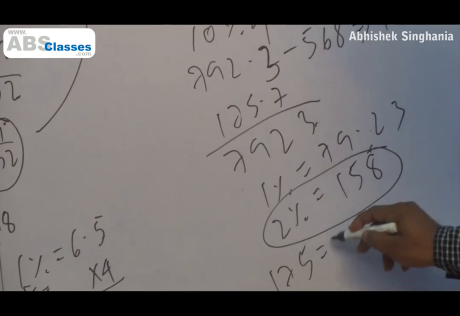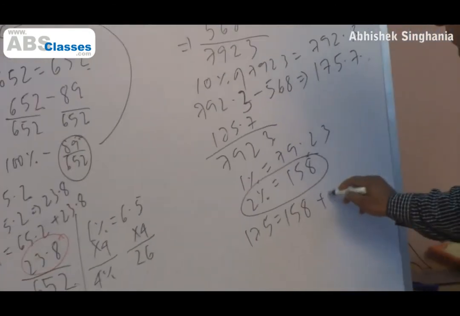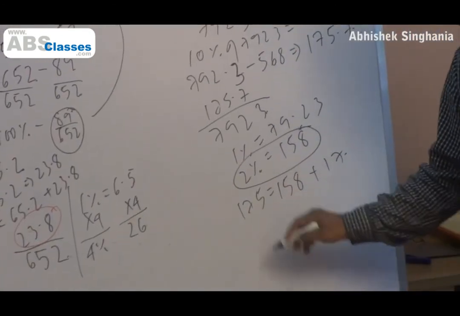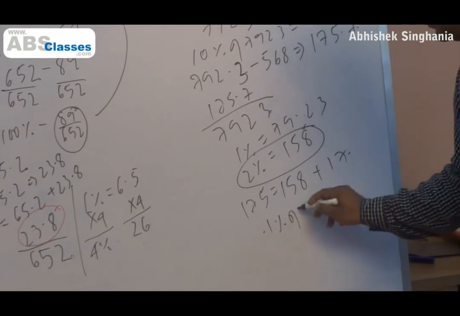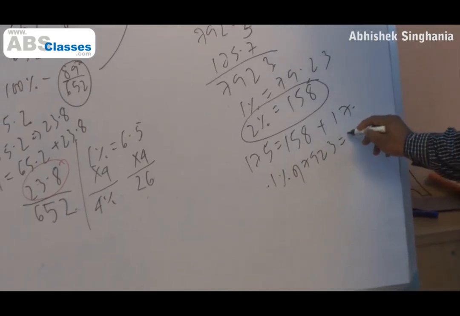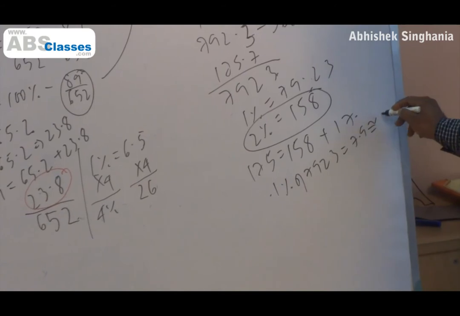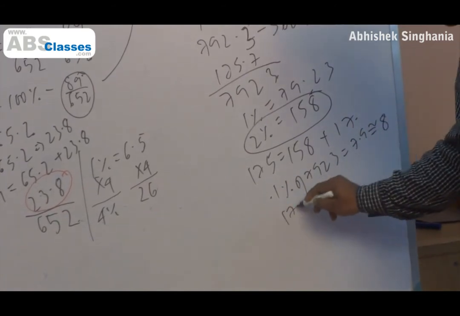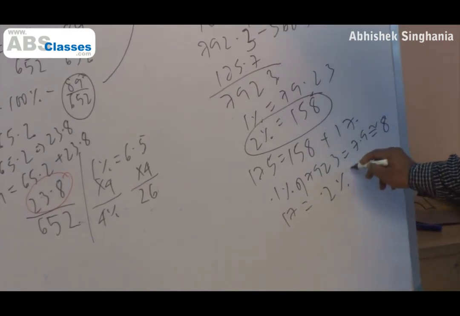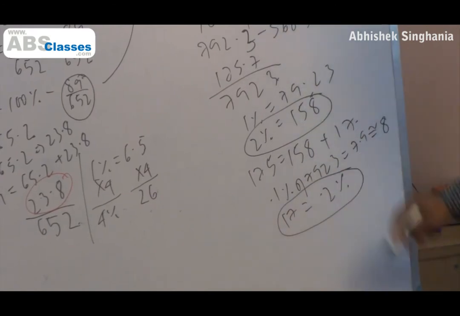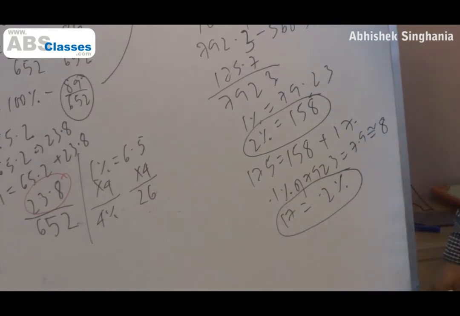175 can be further written as 158 plus 17. Okay. 0.1% of 7923 is equal to 7.9, which is practically 8. So 17 is almost equal to 0.2%. Okay. Right?